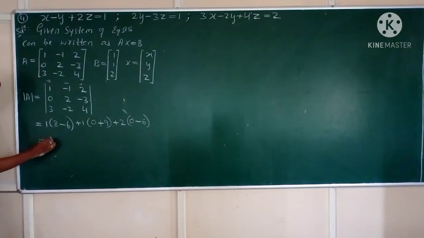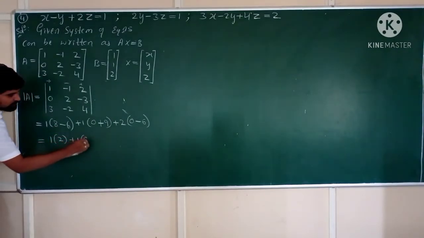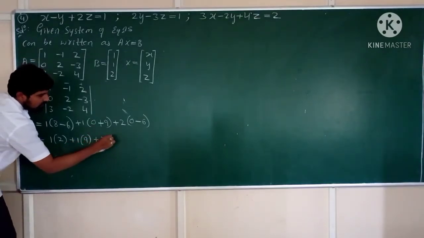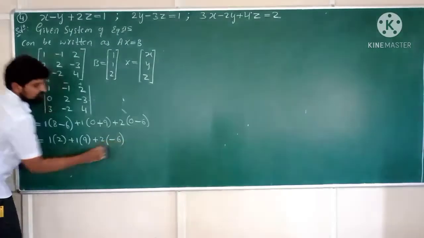So which is equal to 1 into 8 minus 6 is 2, plus 1 into 0 plus 9 is 9, plus 2 into 0 minus 6 is minus 6.